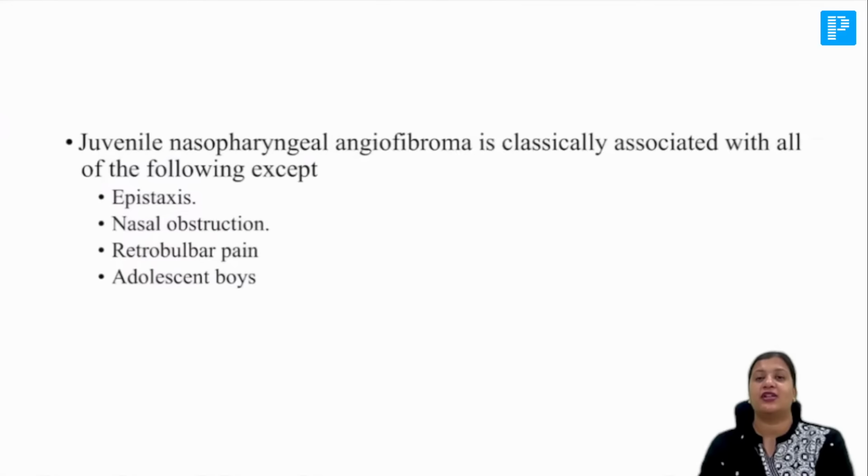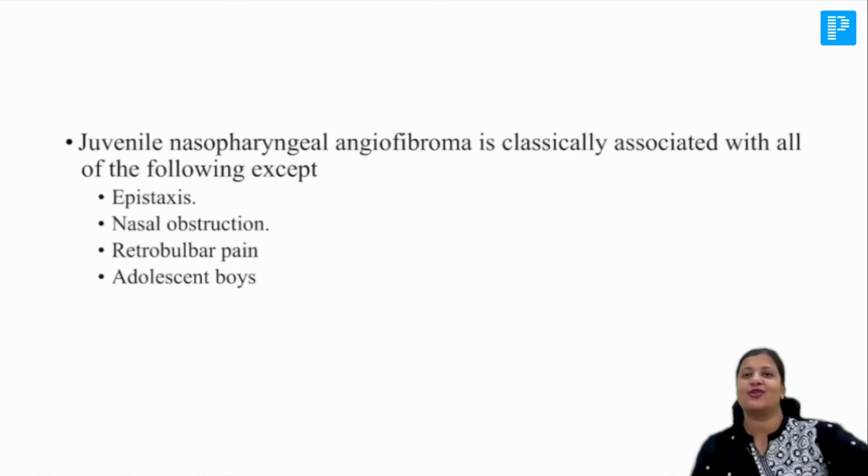Juvenile nasopharyngeal angiofibroma is classically associated with all of the following except: epistaxis, nasal obstruction, retrobulbar pain, adolescent boys. So quickly answer in the chat box. What do you think?